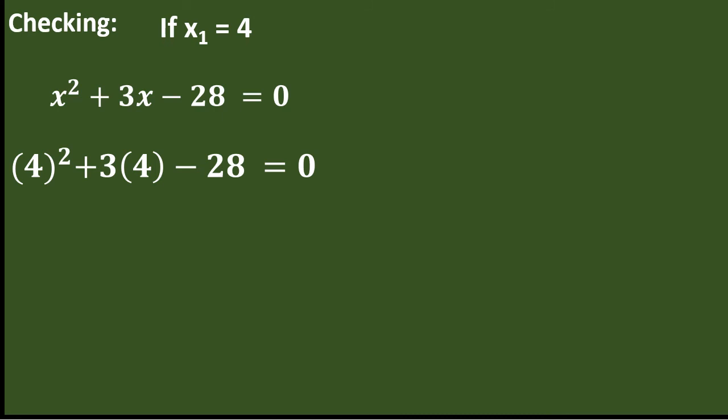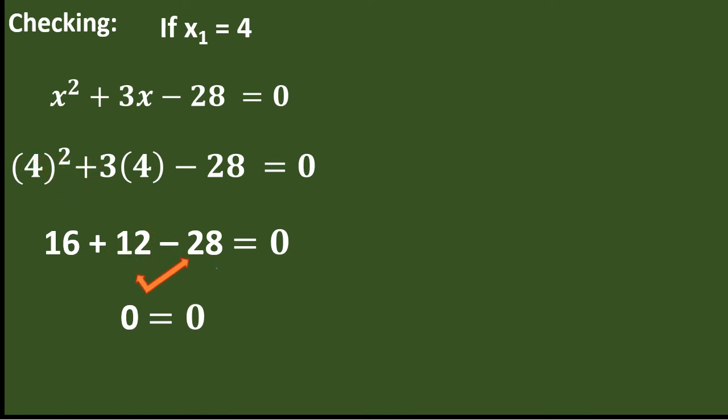Bring down negative 28 equals 0. So we have 16 plus 12 minus 28 equals 0. 16 plus 12, that is 28, minus 28. It will become 0. 0 equals 0. And if they are equal, meaning we are going to accept positive 4 as a solution to the quadratic equation.